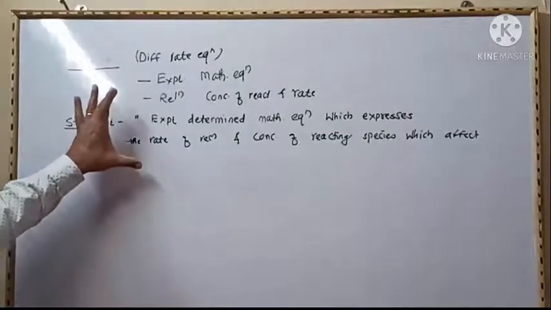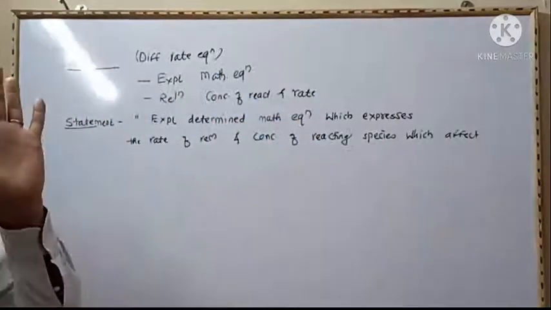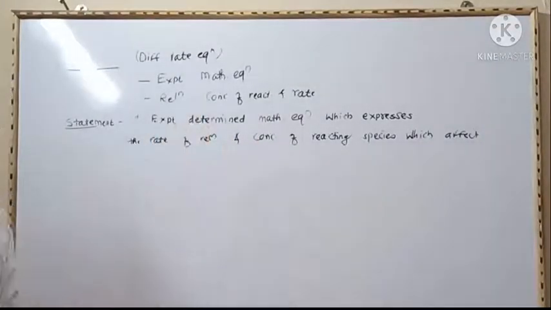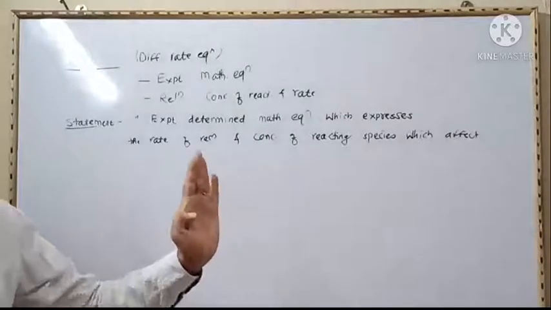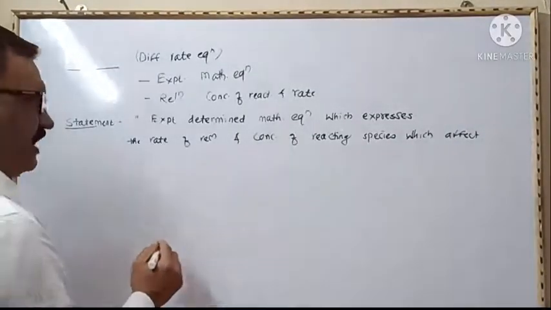That is, the experimentally determined mathematical equation which gives a variation of rate of reaction with the concentration of a reacting species. For example, consider a reaction.